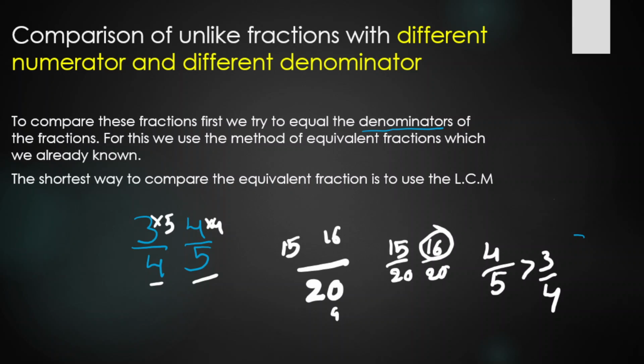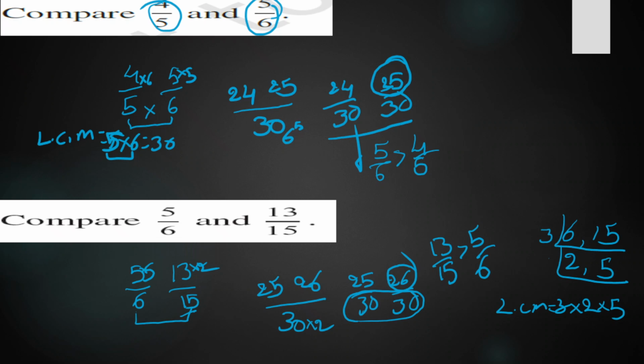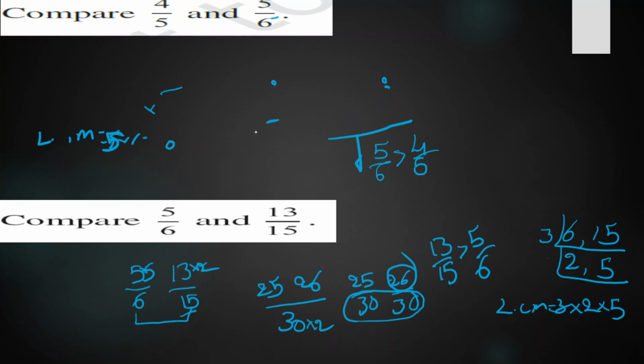And let's start another comparison of fractions. Here compare 4 by 5 and 5 by 6. Let's take the LCM of 5 and 6. Here the LCM becomes 30 because 5 and 6 have no common factors, so we can take the product of both the numbers as the LCM. Here the LCM of 5 and 6 is 30.